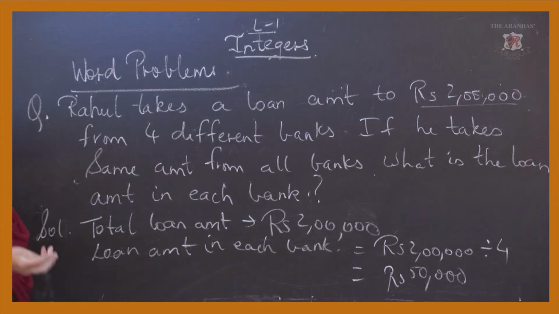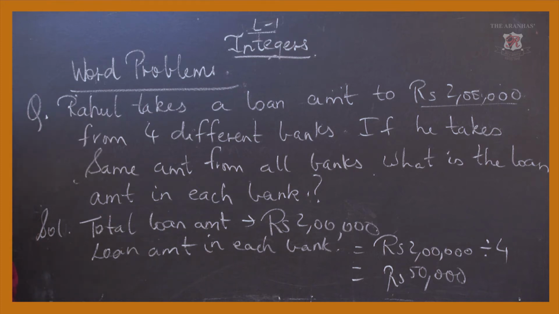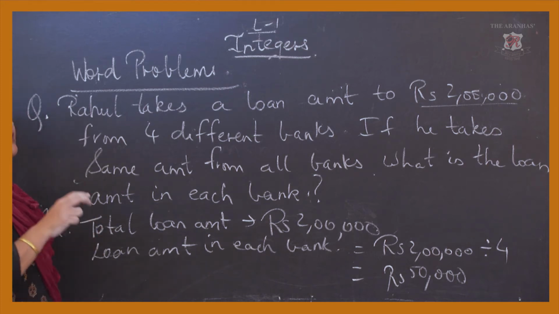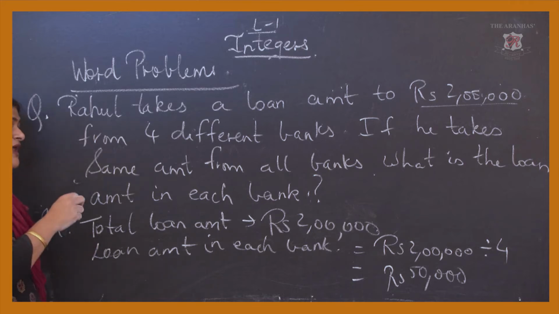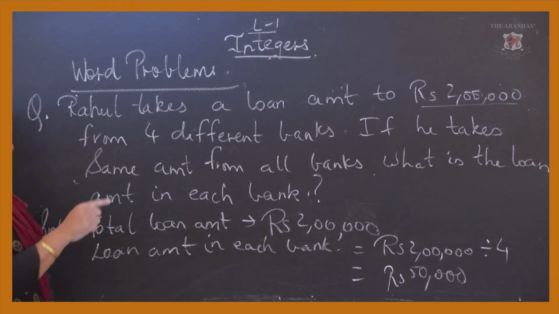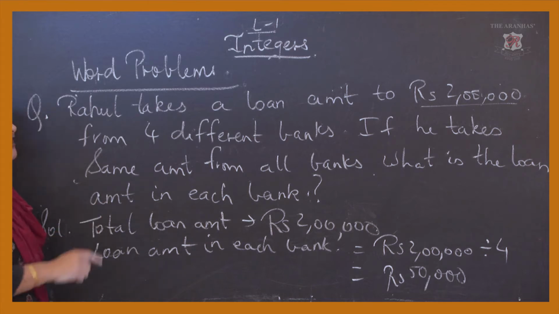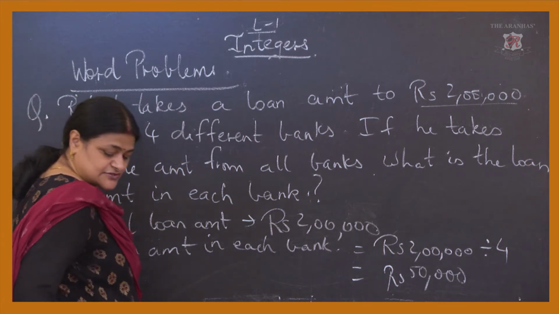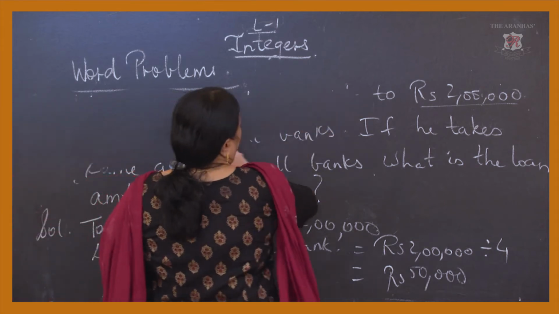If he takes the same amount from all the banks, what is the loan amount in each bank? How you will find out? That will be rupees 2 lakh divided by 4 will give you rupees 50,000. So the loan amount that he has taken in each bank is 50,000. So this will be your answer for the first word problem.